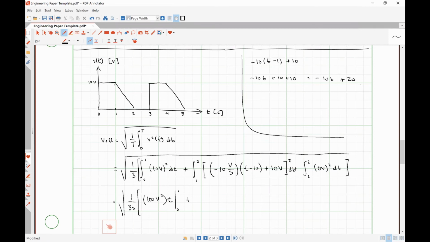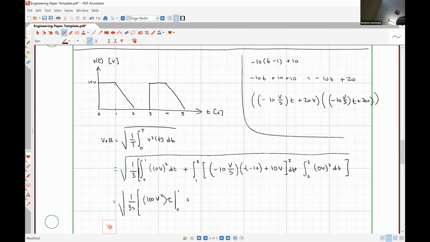Looks good. All right, so when I square that guy, I'm going to have negative 10 volts per second t plus 20 volts times that same thing, negative 10 volts per second t plus 20 volts.